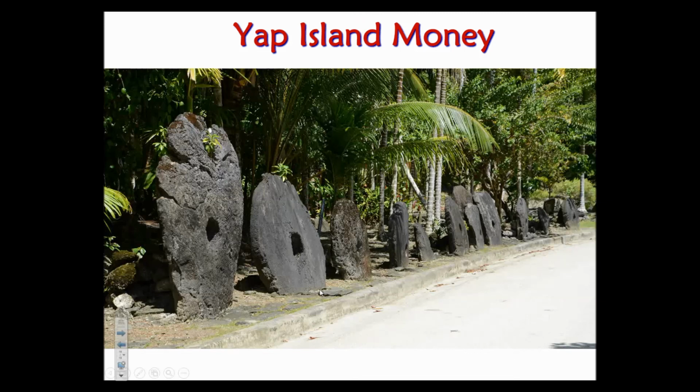Just for fun, if you Google this, there is a little island chain in the South Pacific called the Yap Islands. And in ancient times, and even today, really, they use these large stone discs as money. So it's kind of interesting. They use those as a medium of exchange, a store of value, and a unit of account. The way they do this, you can look this up on your own, is these things never actually change location.